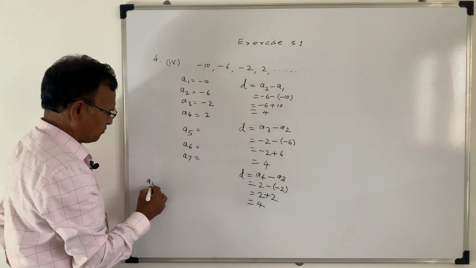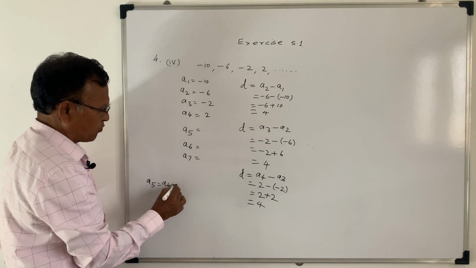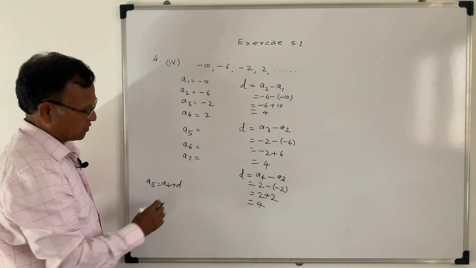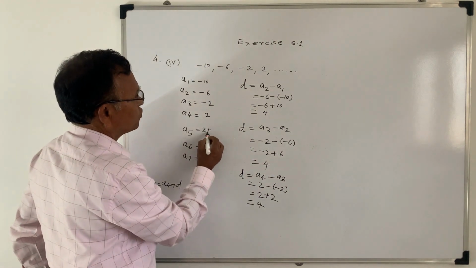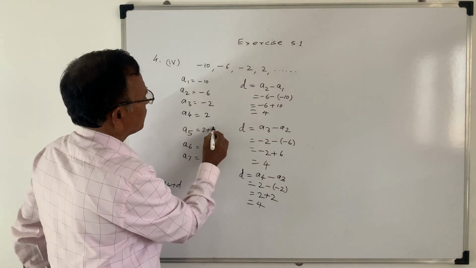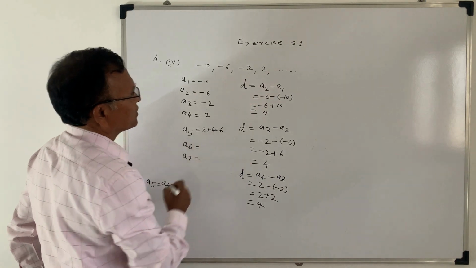A5 will be A4 plus common difference. So that will be 2 plus 4, that will be 6.